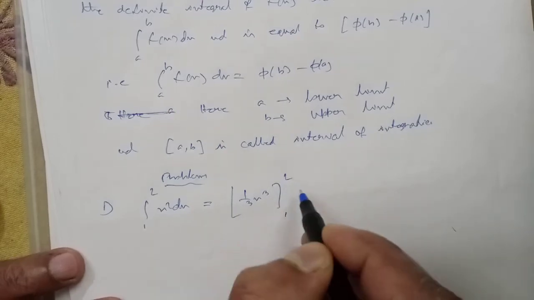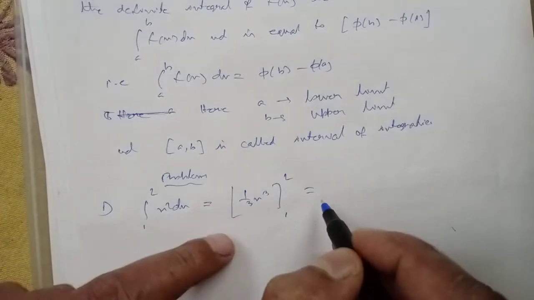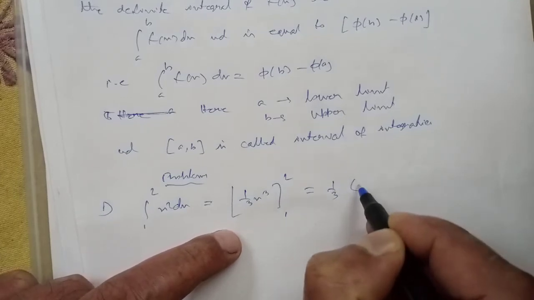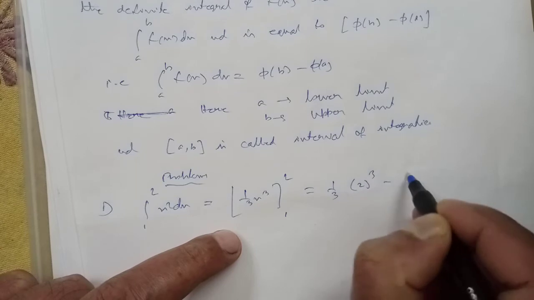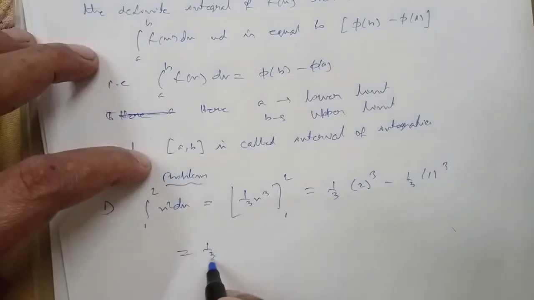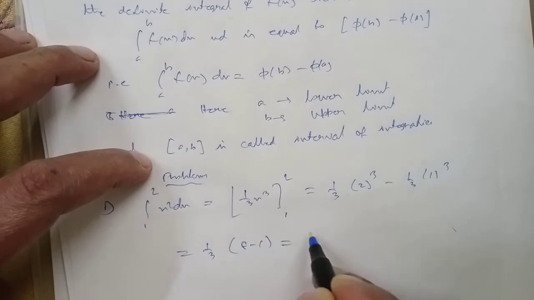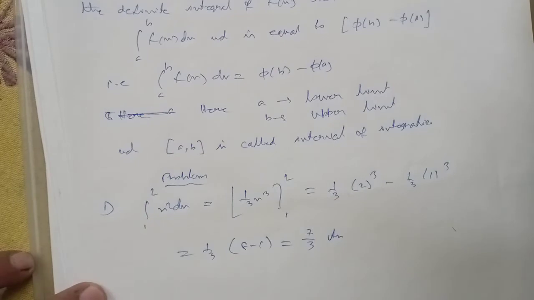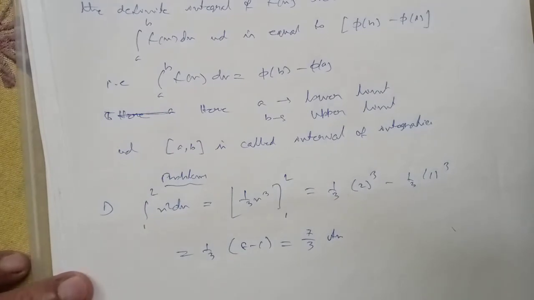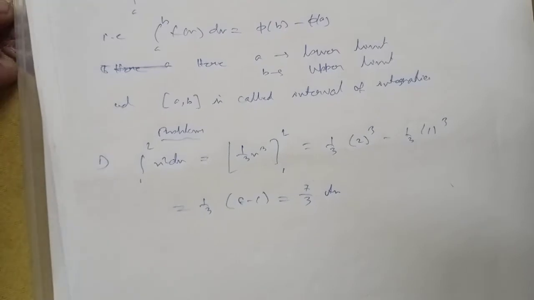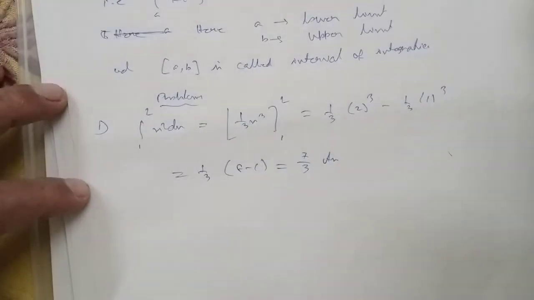Now put limit. First the upper limit, then the lower limit. Take 1/3 common, then you get 8 minus 1, that is your answer is 7/3. The one thing here to be noted that in definite integral there is no constant of integration. Okay, there is no c here.